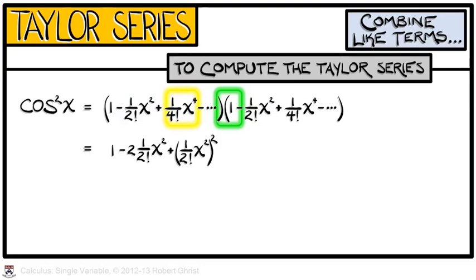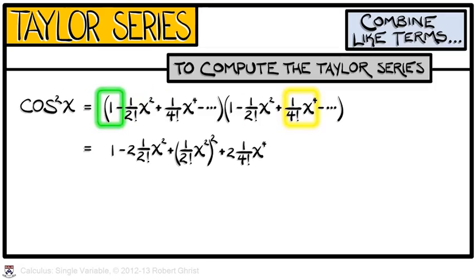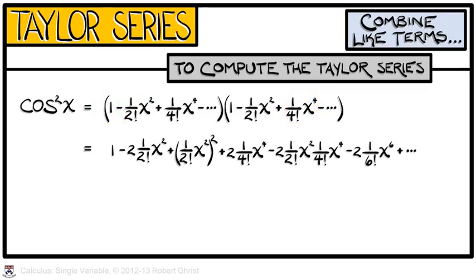There is an x to the 4th over 4 factorial term and another x to the 4th over 4 factorial term. All of the other terms are going to be of higher order. One could continue multiplying, although the multiplications would become a bit tedious. And now one must simplify these terms.